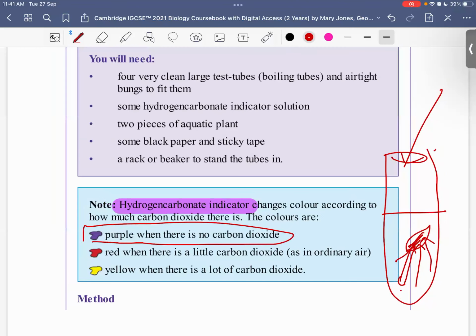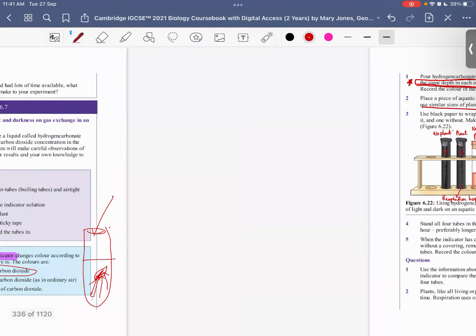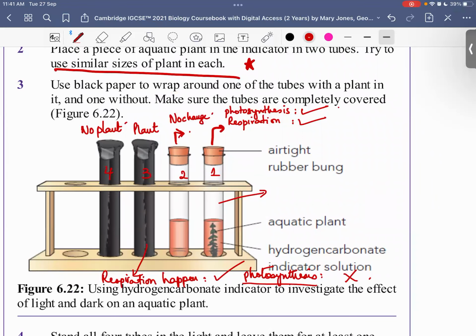Okay. So let's write about this test tube number 1. The color is red. And the reason is, you will write down, photosynthesis is high.